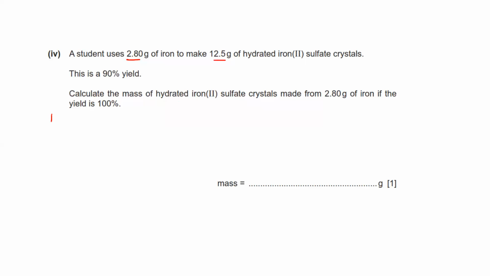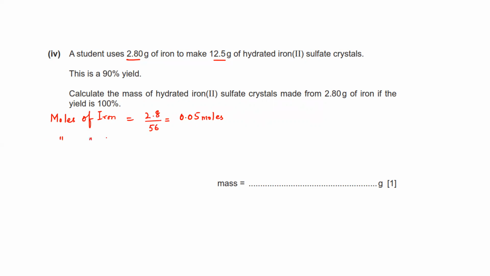So calculate moles of iron. So the number of moles of iron are actually 2.8 divided by 56. This is equivalent to 0.05 moles.